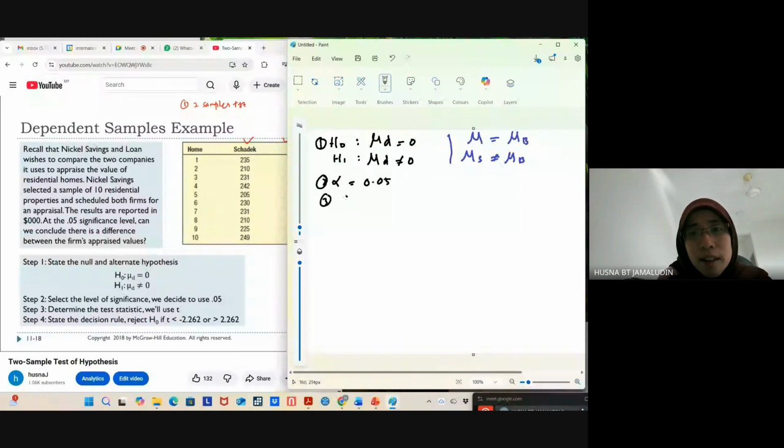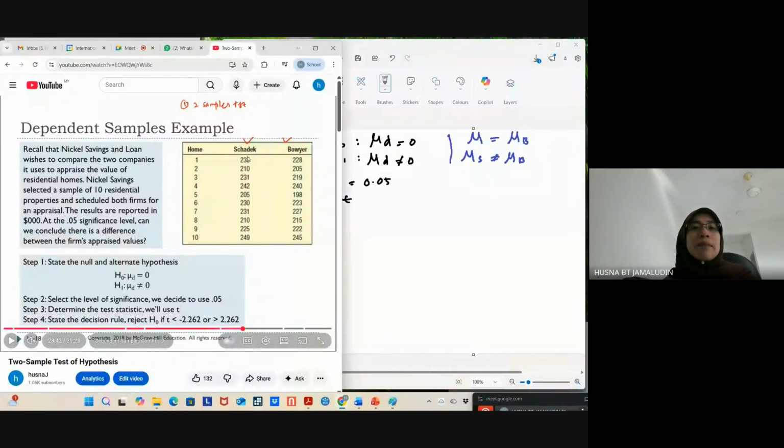Before we compute the t value using whatever formula, the samples become dependent because, although they are two different companies, they are looking at the same sample. They have to evaluate 10 different houses, right? For example, if you are looking at the first house, although these are from different companies, they are looking at the same sample.